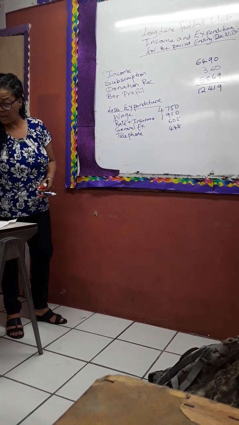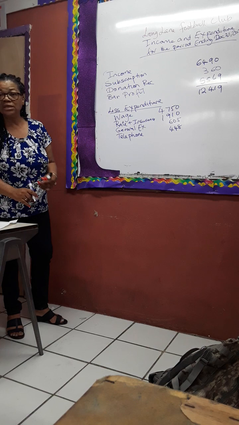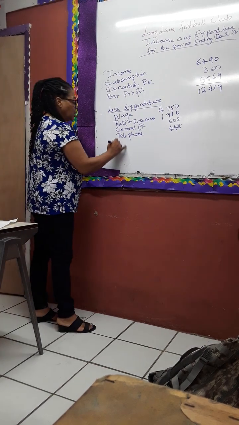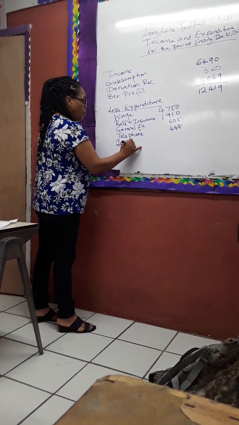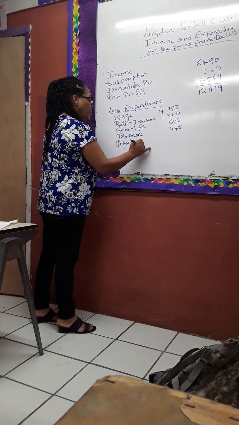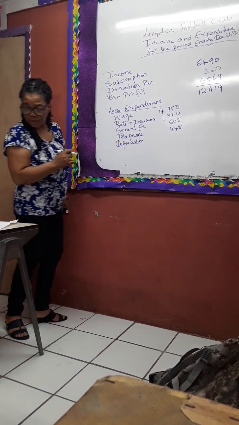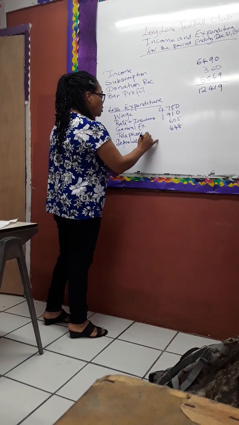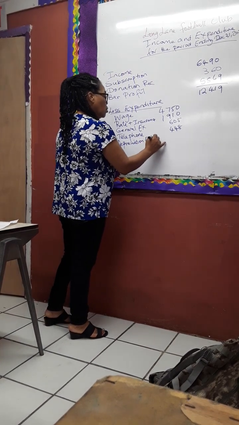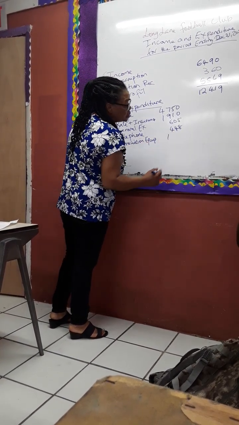But I now go back to my notes to see if I had depreciation. What's the depreciation? I have depreciation on sports equipment, which was 1,700.